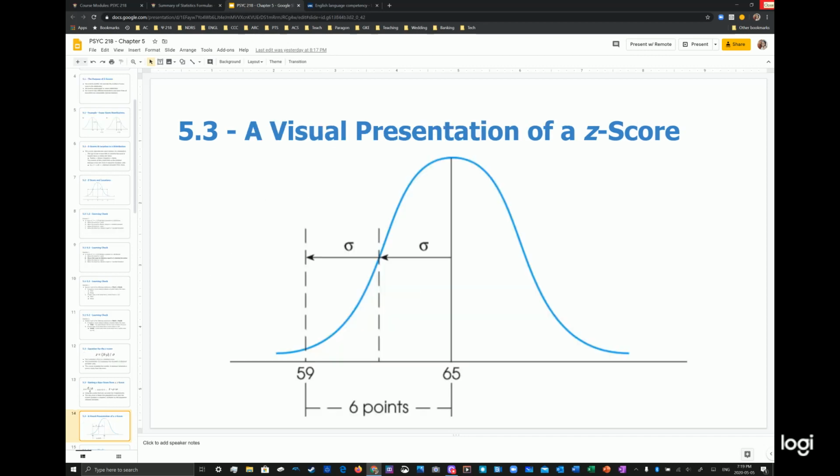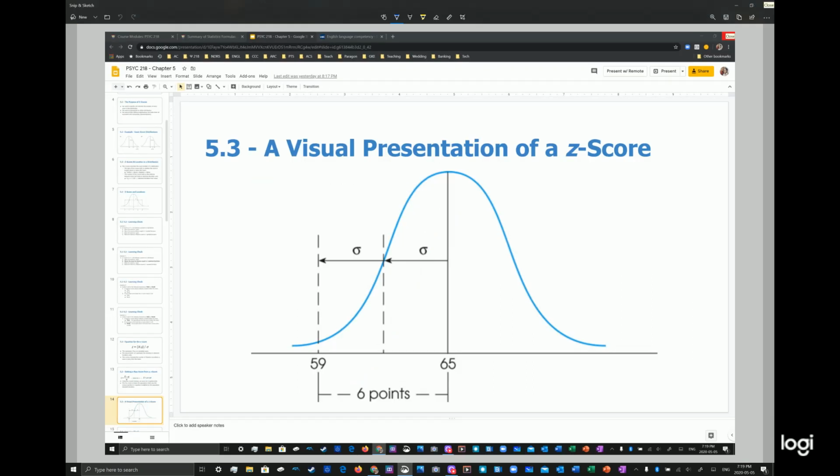So here's an example of this. Take a moment and see what Z-score you would give for 59 in this distribution. First, you might want to figure out what the mean is, and we know that's 65. And you might want to figure out what one standard deviation is.